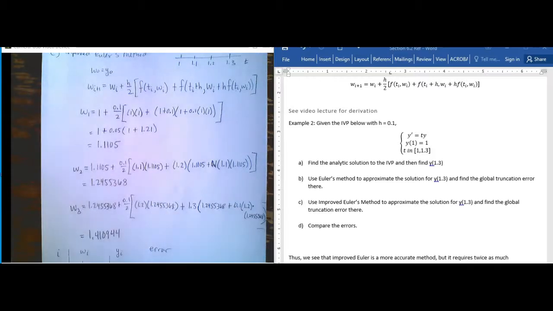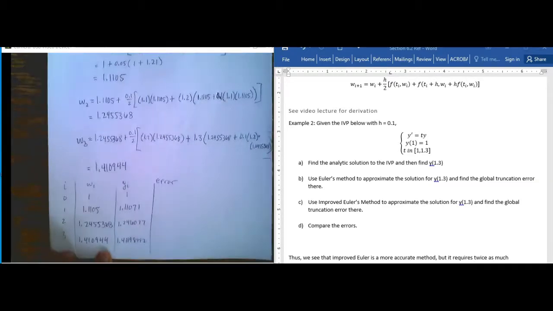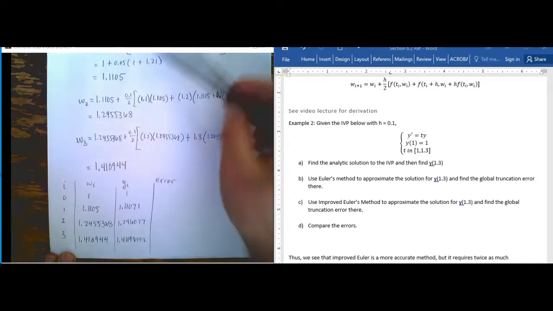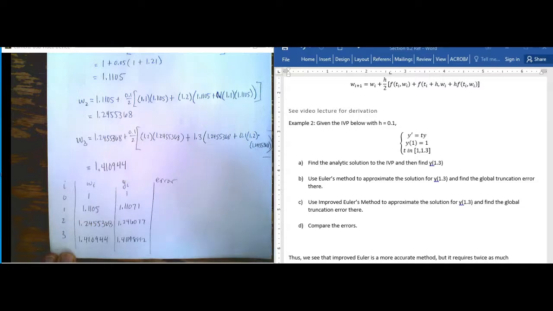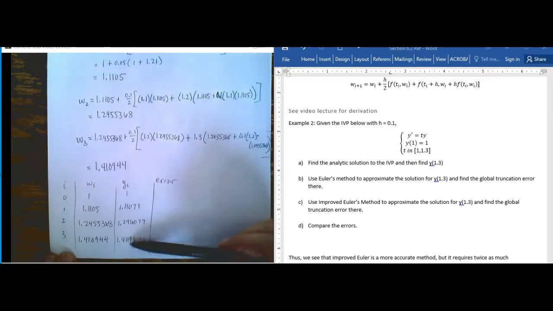The exact values we can get just from our other table: 1.11071, 1.246077, 1.4119892. So just filling those in. Again, here are our approximations. w0 was the initial condition, which is 1. And those values, here we got those from our last table.